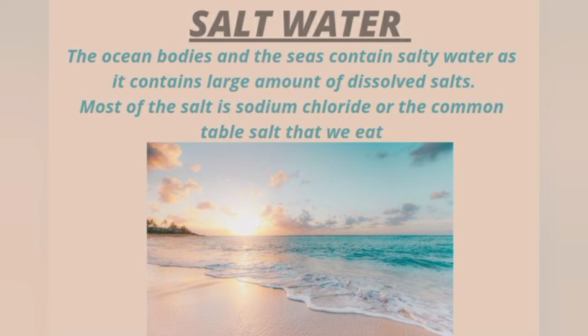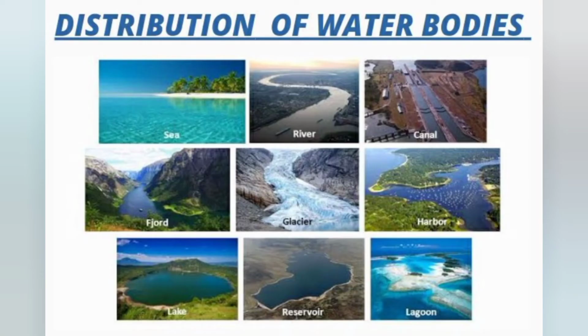Now we will discuss the distribution of water bodies. So basically, the distribution of water bodies is in two ways. One is saline water, in which comes the ocean, and 97.3% of Earth's water is ocean.